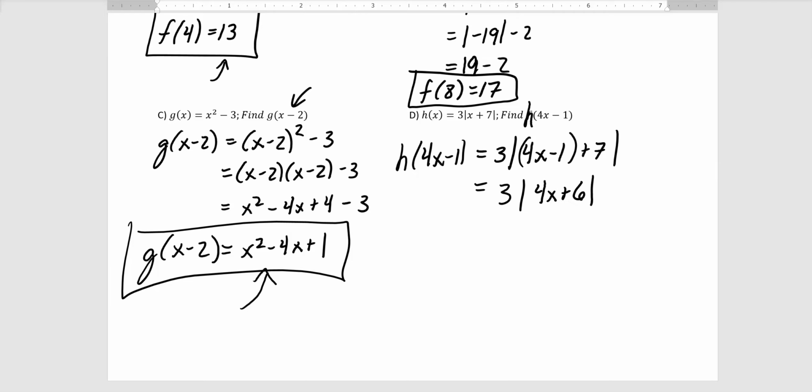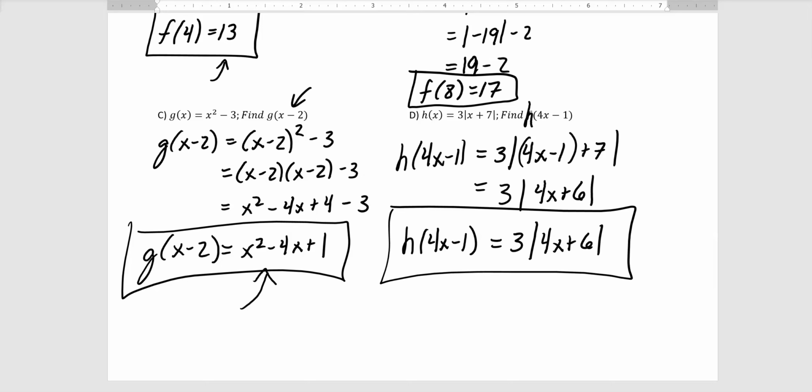And then you say, well, should I multiply this 3 in? And the answer is no. Don't multiply that 3 in. This is as simplified as it can become. So h of 4x minus 1 will equal 3 times the absolute value of 4x plus 6. And that right there is our final answer.